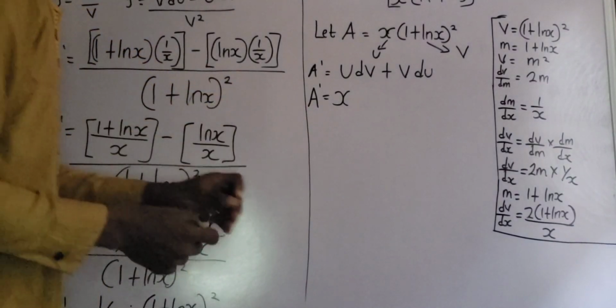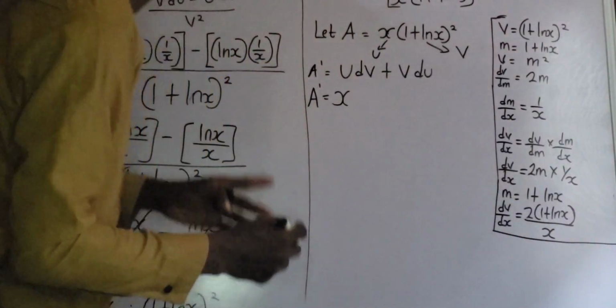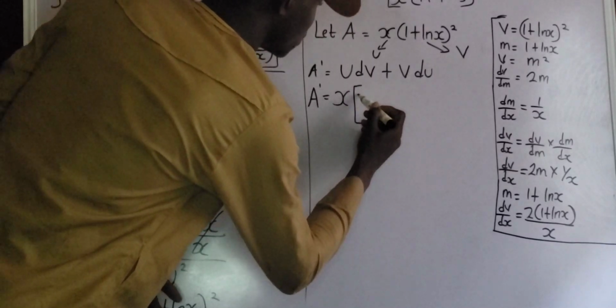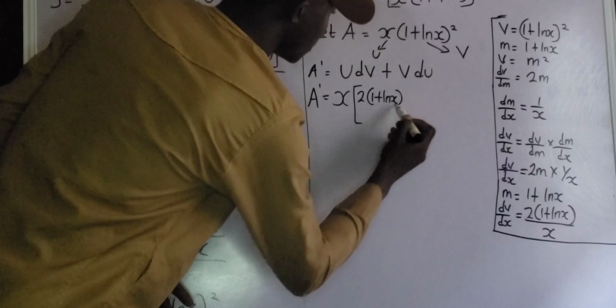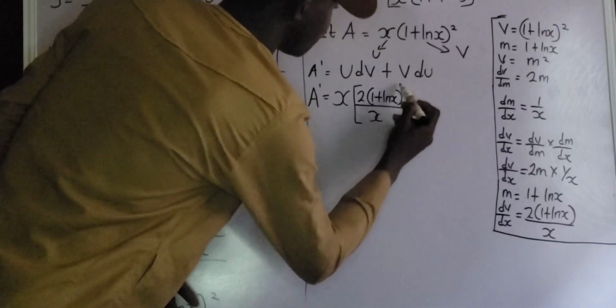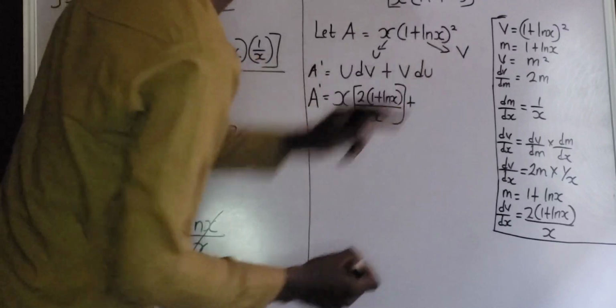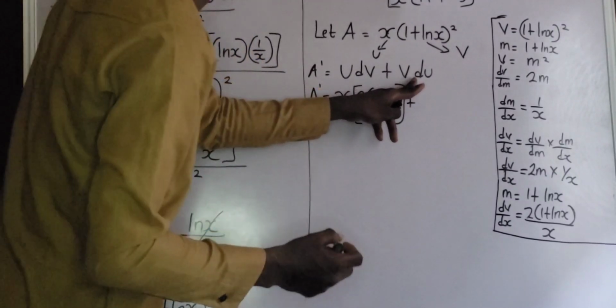Now let us proceed. I have taken the derivative of v as 2 into bracket 1 plus ln x all over x. So I'm going to have 2(1 plus ln x) all over x, plus what is v? v is (1 plus ln x) squared. I'm still making use of the product rule.